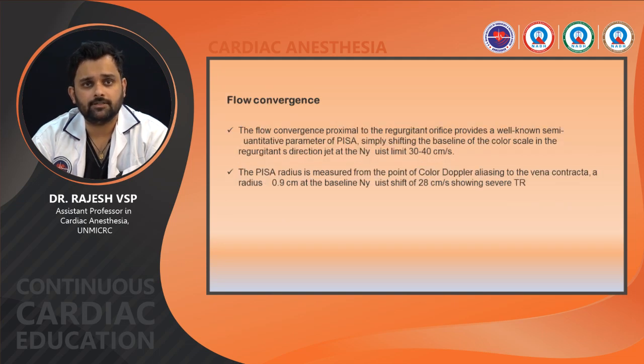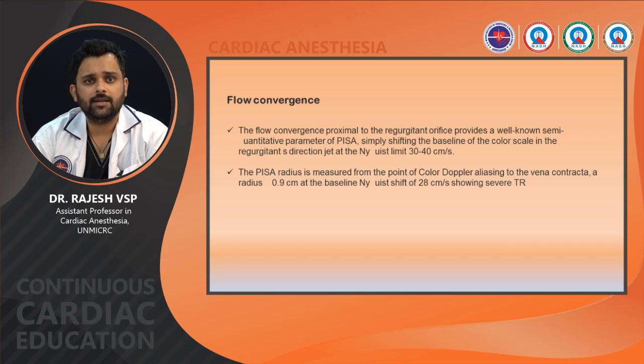Coming to the flow convergence proximal to the regurgitant orifice, it provides a well-known semi-quantitative parameter, the PISA. Simply shift the baseline of the color scale in the regurgitant jet's direction at a Nyquist limit of 30 to 40 centimeters per second. The PISA radius is measured from the point of color Doppler aliasing to the vena contracta.